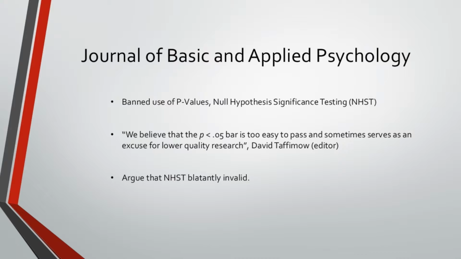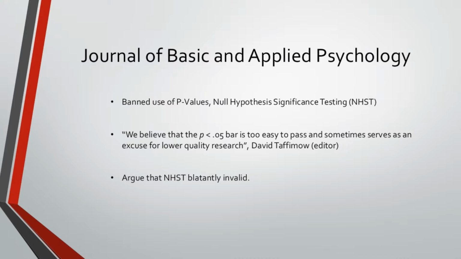David Trafimow, who's the editor of that particular journal, says, we believe that the test of p less than 0.05 is too easy to pass, and sometimes serves as an excuse for lower quality research. And he argues that NHST, or null hypothesis significance testing, is just invalid altogether.